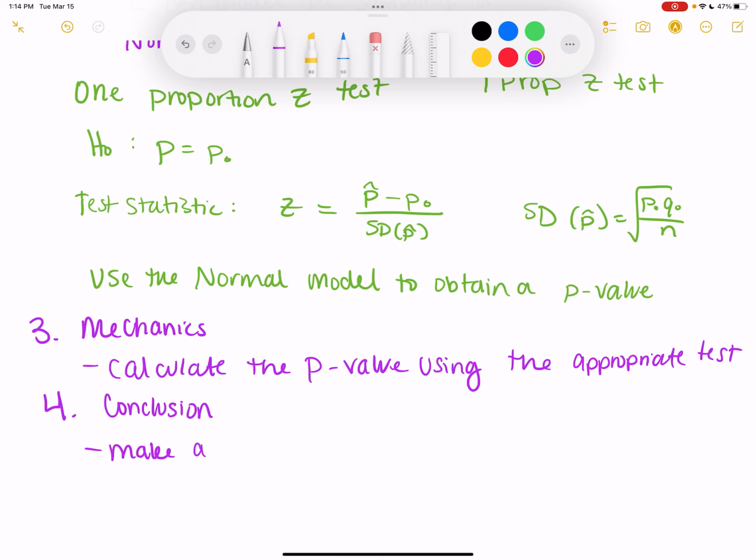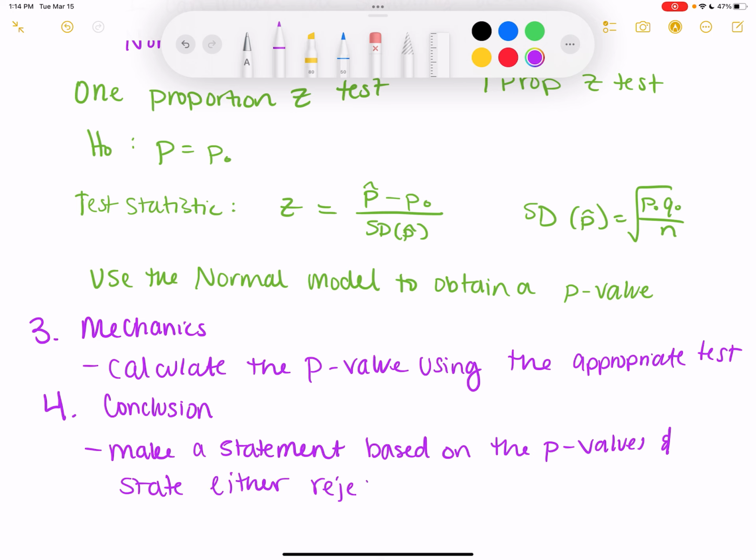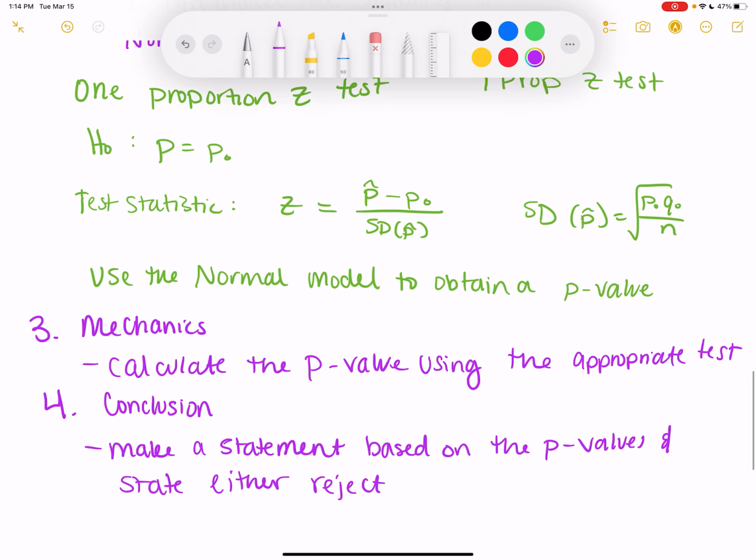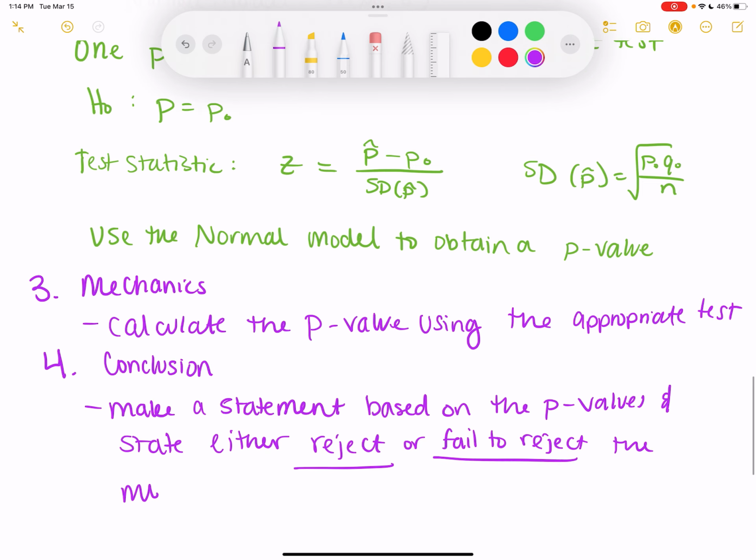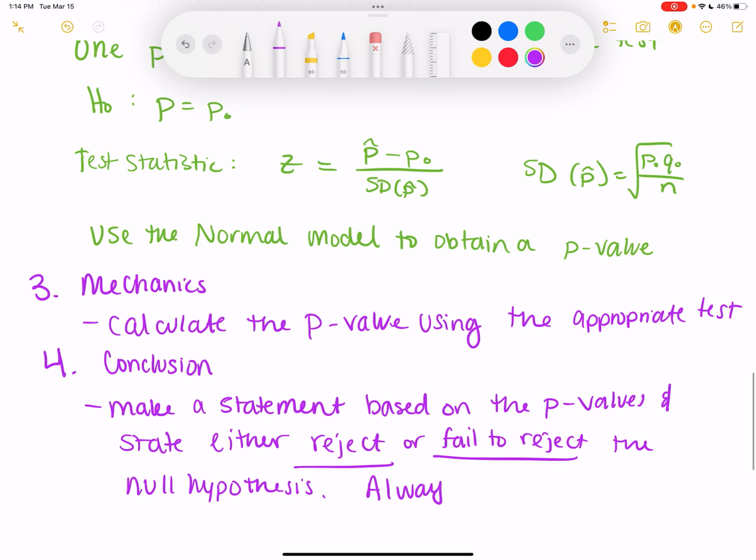Make a statement based on the p-value and state either reject or fail to reject the null hypothesis, always in context.